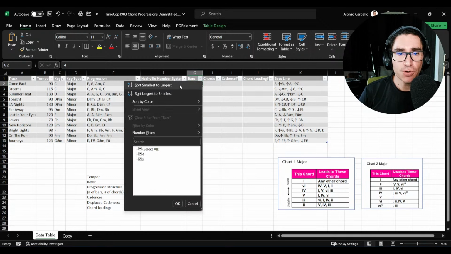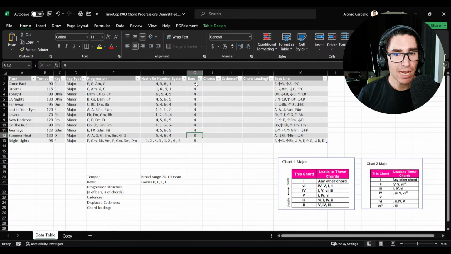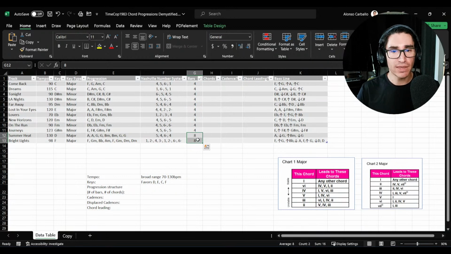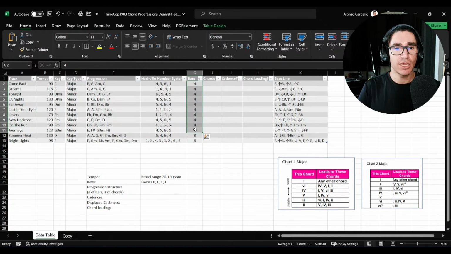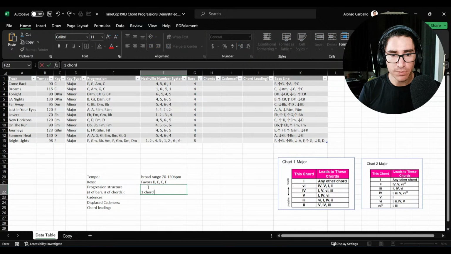If we sort by smallest to largest, we will see that predominantly TimeCop1983's chord progressions are made up of 4 bars, at least in this sample, and only 2 tracks out of the 12 have an 8-bar progression. So he tends to favor very strongly using only one chord progression in his tracks that's comprised of 4 bars, okay?